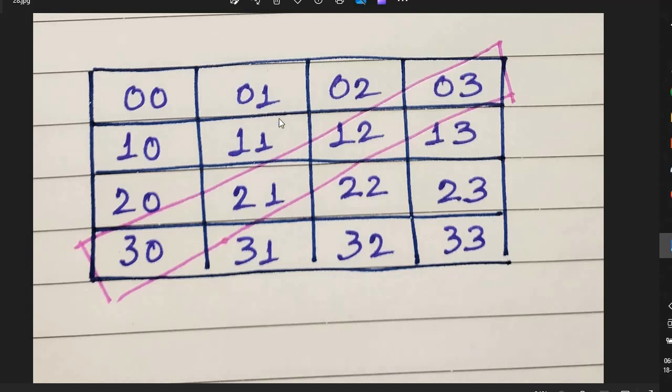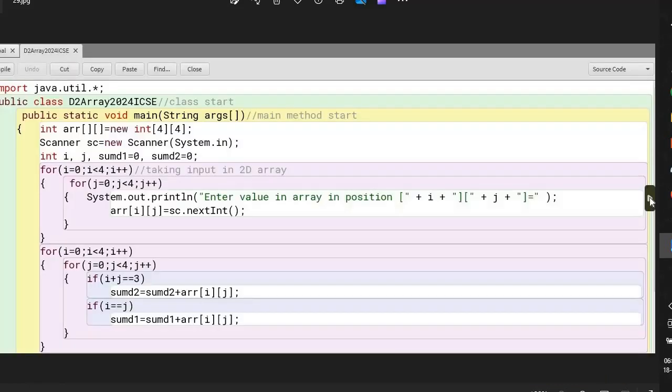Now come to the code. At first, import java.util. Next, start the class and after that, start the main function. Next, declare the 2D array. As per the question, the order of the 2D array is 4 into 4, that means 4 rows and 4 columns. Next, make an object of the Scanner class.